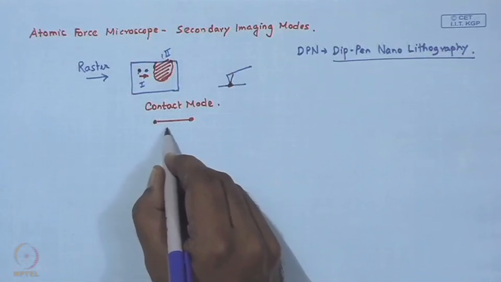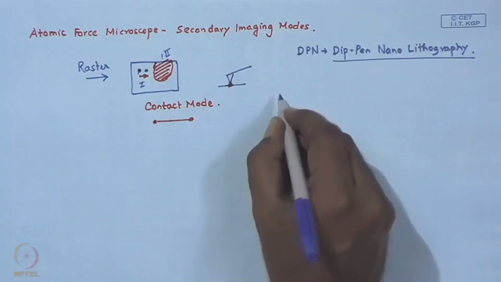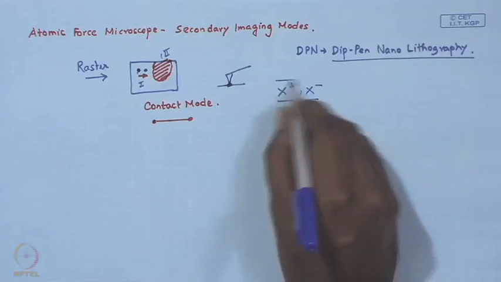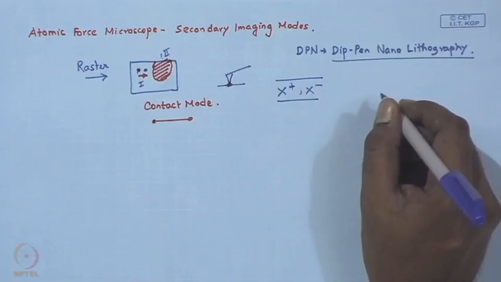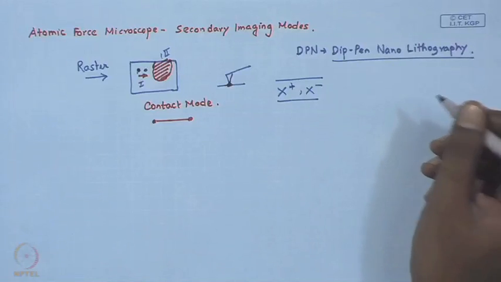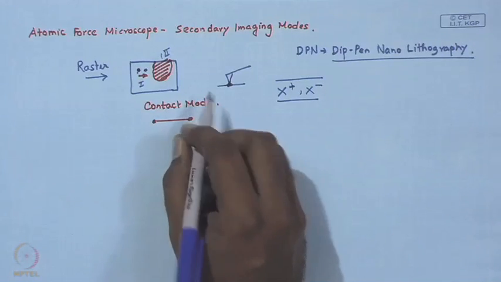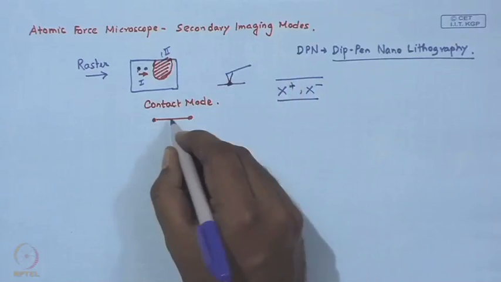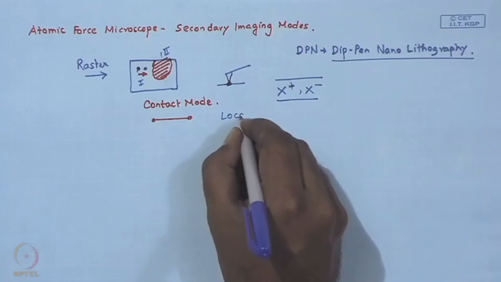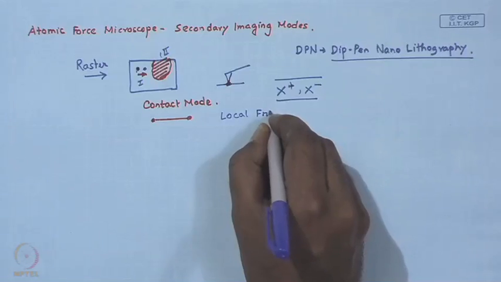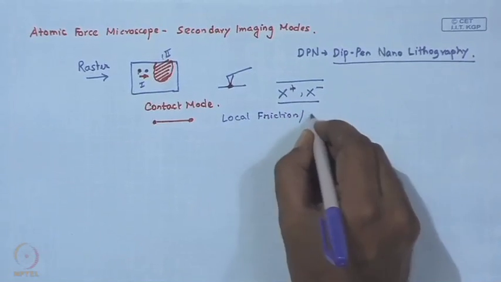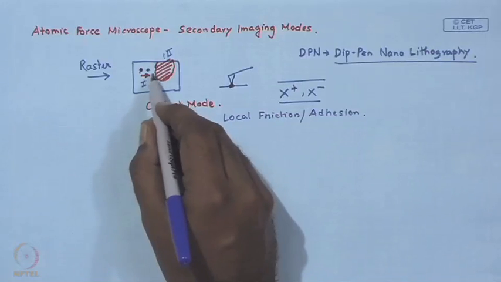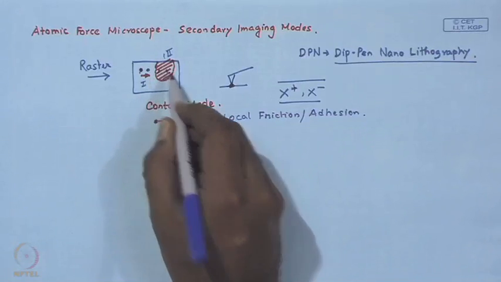Therefore, when the piezo applies the same voltage for a motion in the x direction by manipulating the x plus and x minus components of the piezo, we already have talked about all these things, what happens is, under the same force, the extent of local adhesion or the local friction between the tip and the surface becomes a function of the phase or the domain.